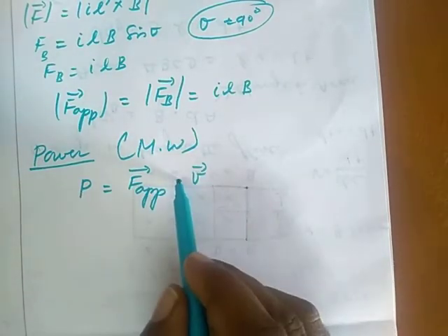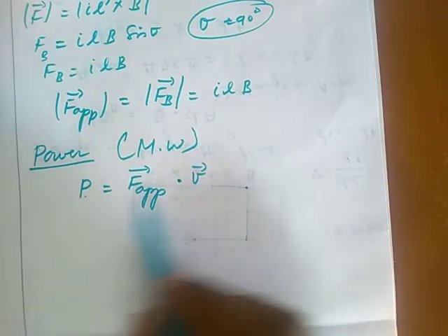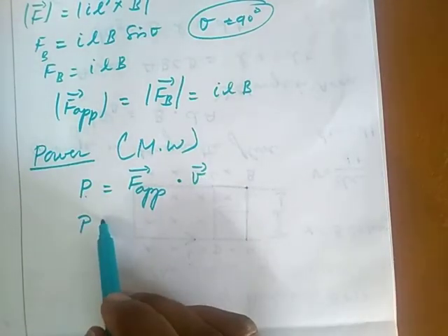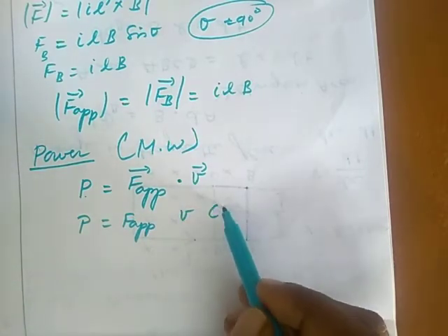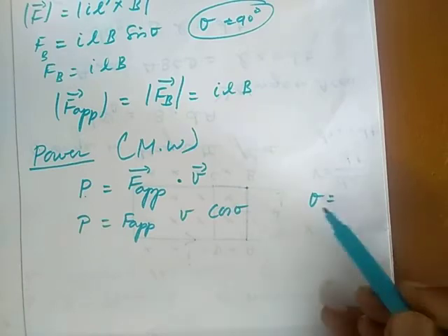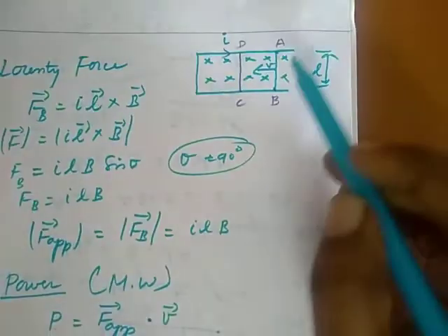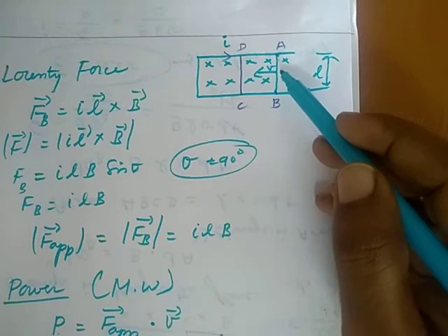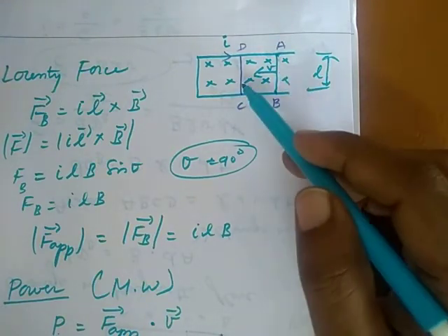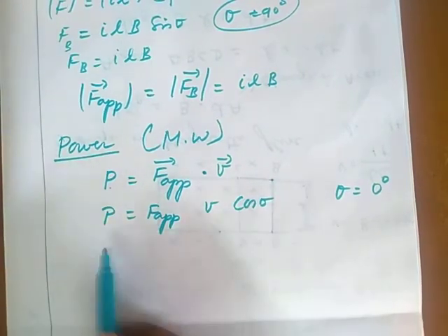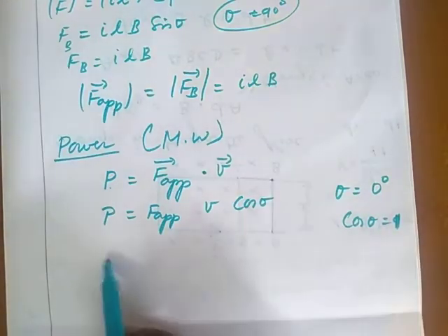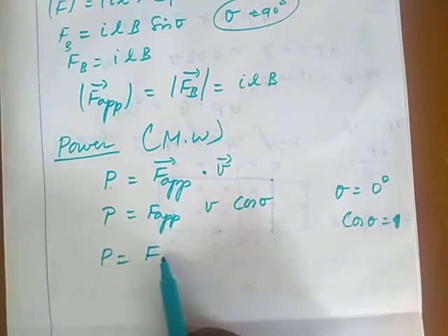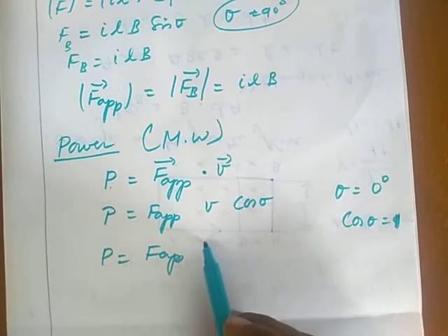Power is a scalar product of two vectors, so P equals F applied V cos theta. Here the applied force and the velocity are in the same direction, so theta is 0 degrees, cos 0 is 1. Then power P equals F applied into velocity.